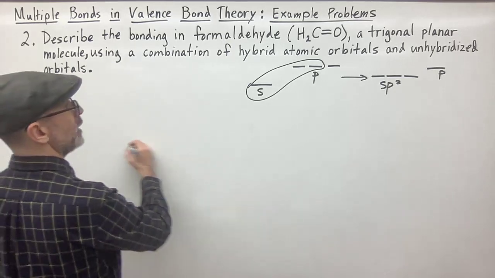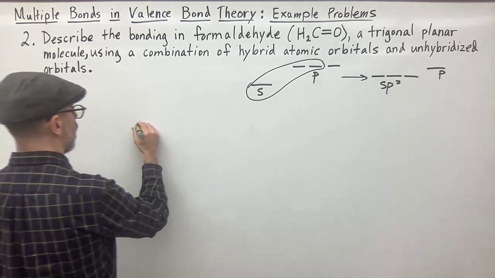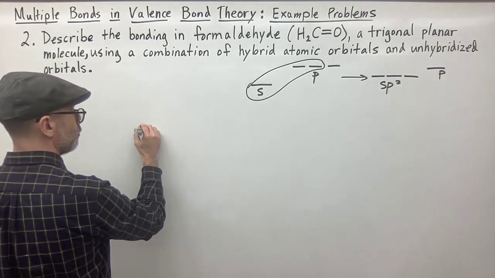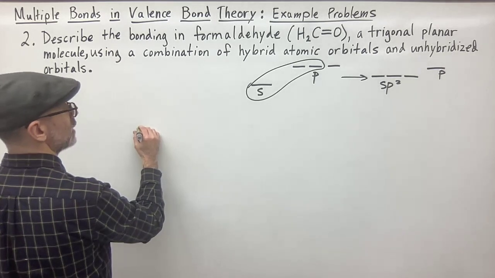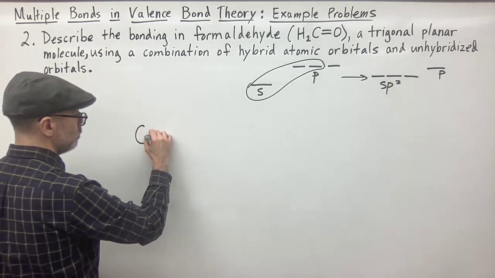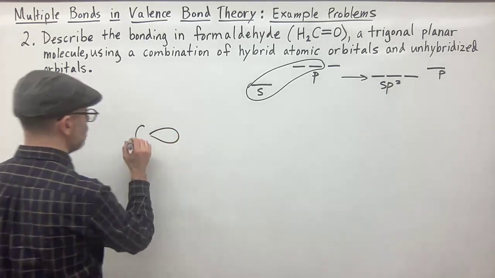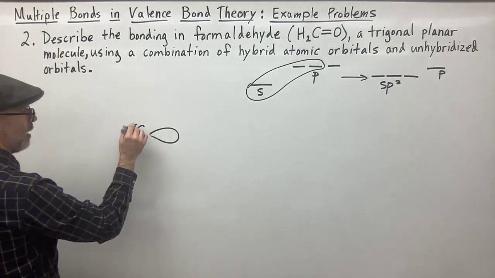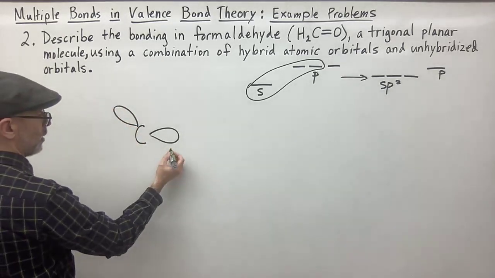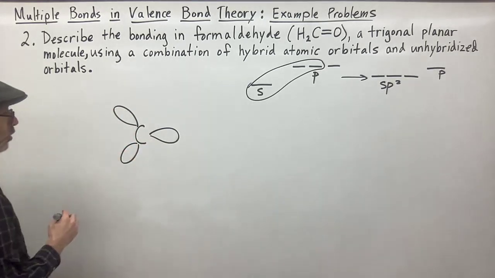So here, if we draw our picture, our sigma bonding framework is going to look something like this. So we have the carbon. We're going to have an sp2 hybridized orbital, sp2 hybrid orbital.